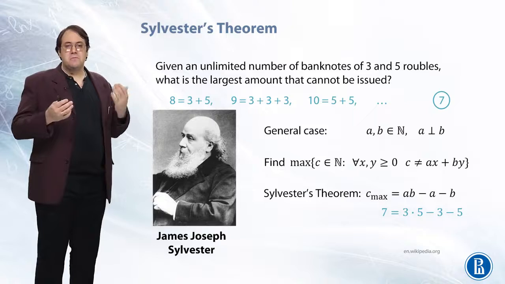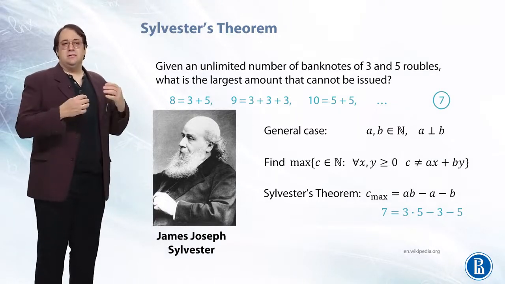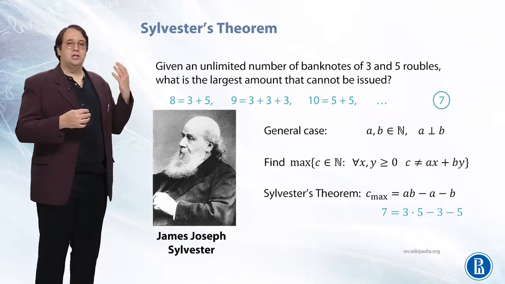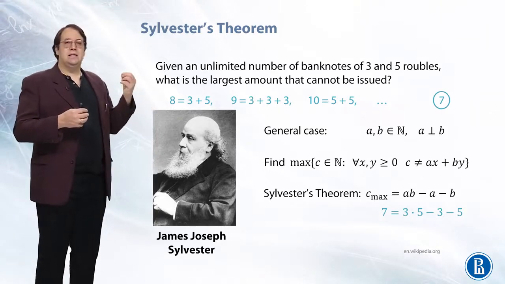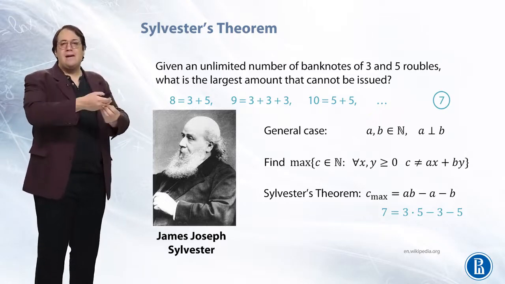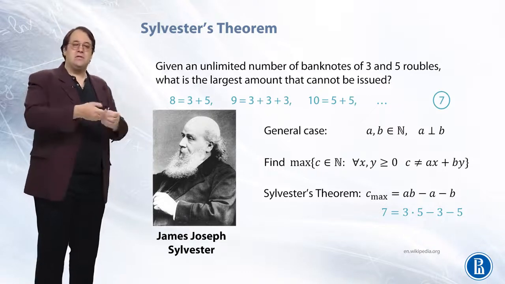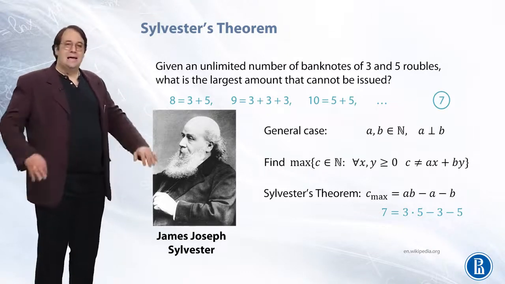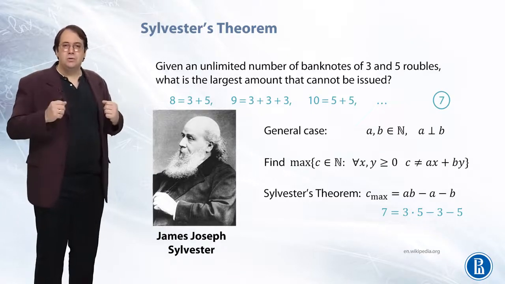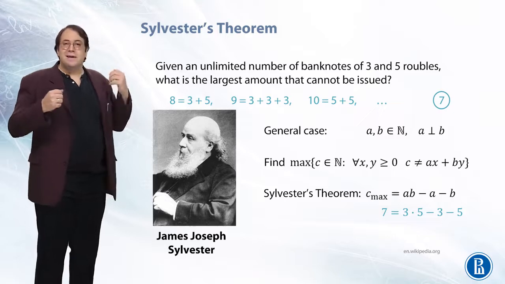For instance, 3 plus 5 is 8, so we can issue 8 rubles, and 3 plus 3 plus 3 is 9, so we can issue 9 rubles, and we can issue 10 rubles, and then we can take 8 rubles and add 3 more to gain 11 rubles, and 9 plus 3 is 12 rubles, and 10 plus 3 is 13, and we understand that any amount of rubles starting from 8 can be issued by banknotes of 3 and 5 rubles.